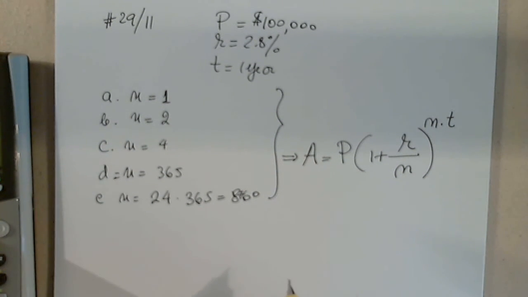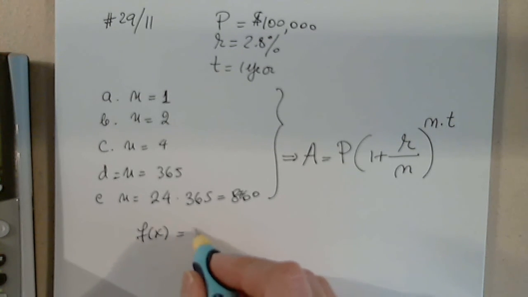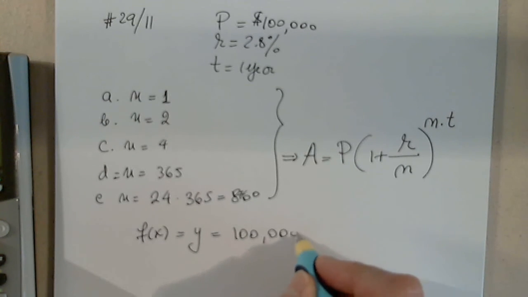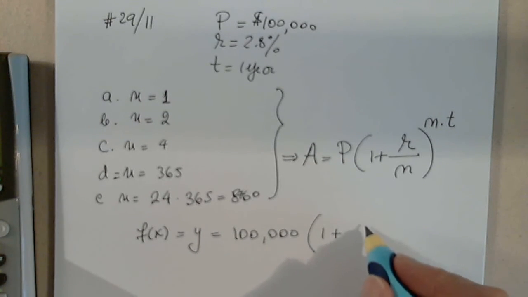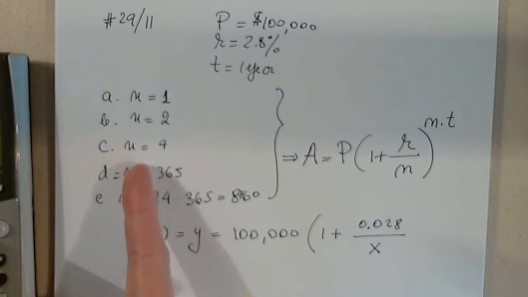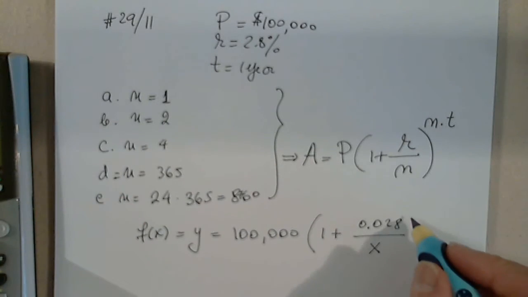The function that I will create in the graphing calculator will be, let's say, f of x or y, which will be 100,000 multiplied by 1 plus 0.028, which is the interest in decimal form, divided by x, because x is the value that changes. The reason I put x is because there is no n in the graphing calculator.